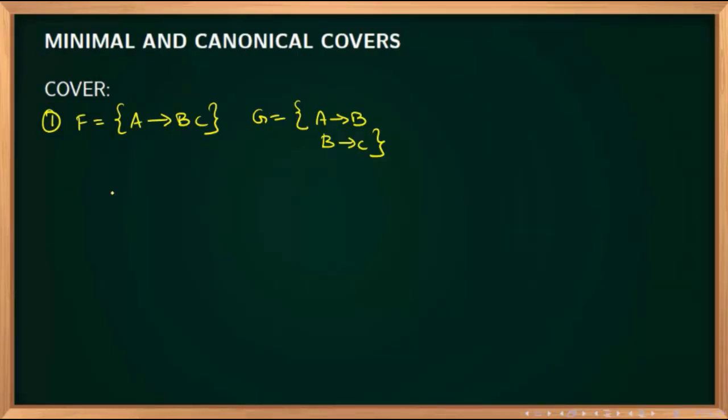Now somebody is asking, okay, two functional dependency sets are given, I want to check whether they are equal or not. We cannot say equal, we say whether they are equivalent or not.